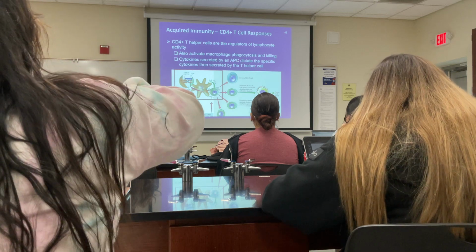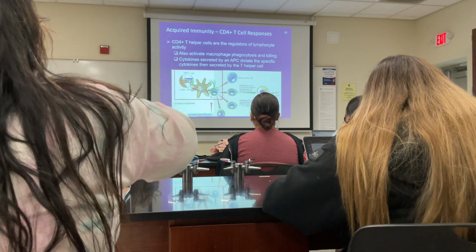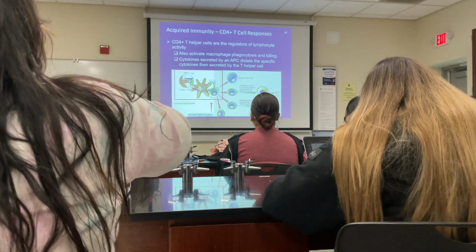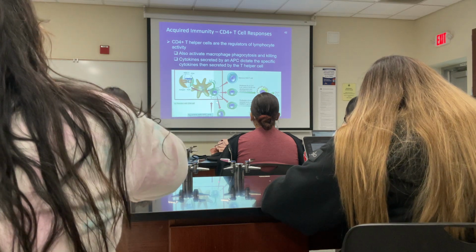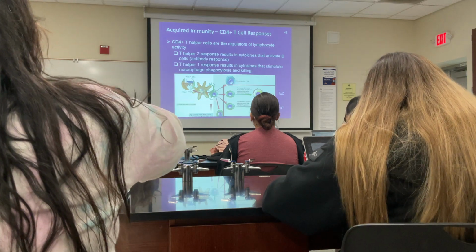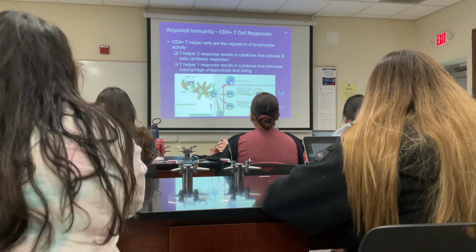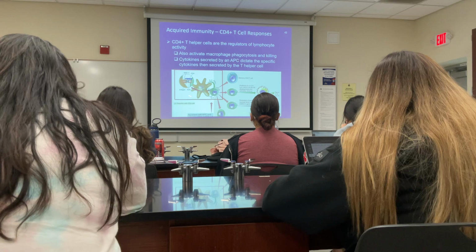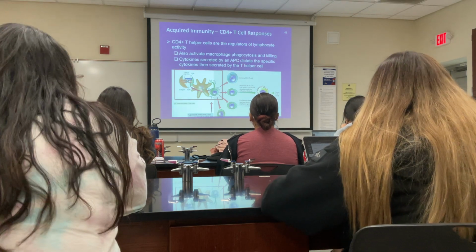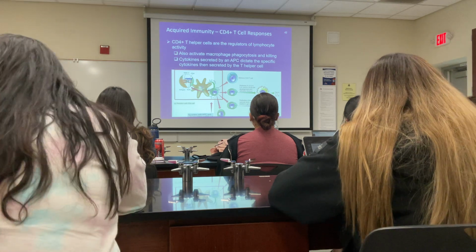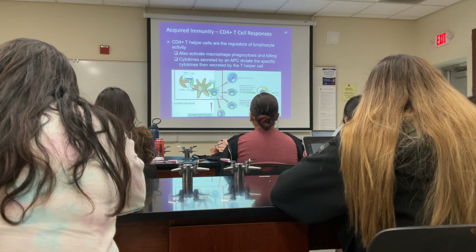So same way T helper cells can respond, they have to bind to MHC2 with some epitope. CD4 has to recognize that MHC2 as being your own. Now you can have a couple of different types of T helper responses based on this initial interaction. So what it senses is happening from this antigen presenting cell is going to dictate what kind of response it tells other immune cells to have.